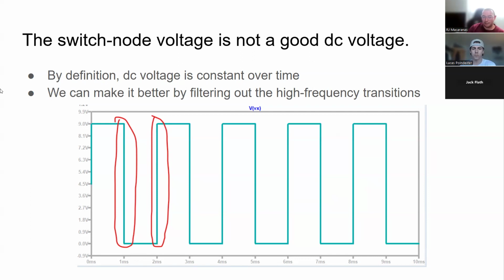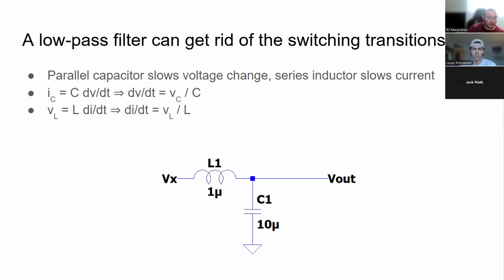This is not even close to DC yet. So we use a low pass filter, and we put a capacitor in parallel with our output and an inductor in series. And so these will both work to slow down any high frequency changes. The capacitor will slow down the change in voltage, and the inductor will slow down the current.